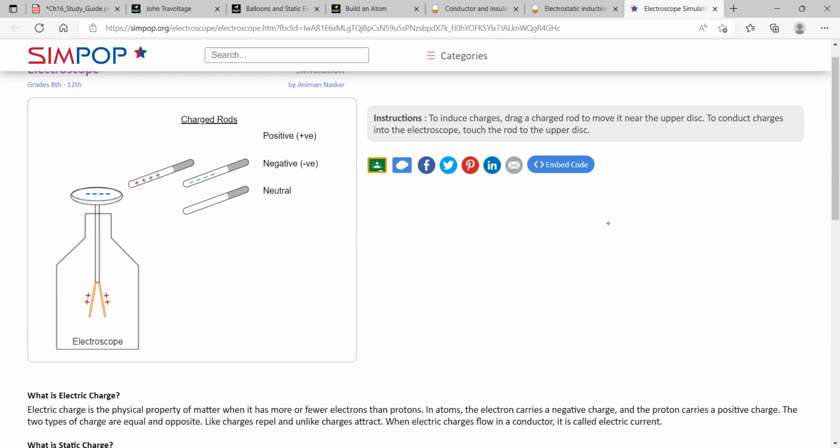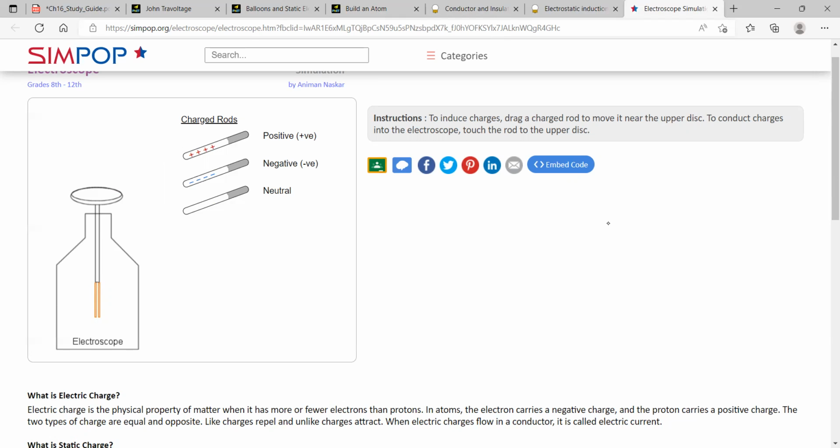But in this method, it cannot detect whether an object is positively charged or negatively charged. For example, here you see for both positively and negatively charged objects, it's separated by an equal amount. So by looking at how the gold leaves are going away from each other, we cannot tell whether it is a positively charged or a negatively charged object.